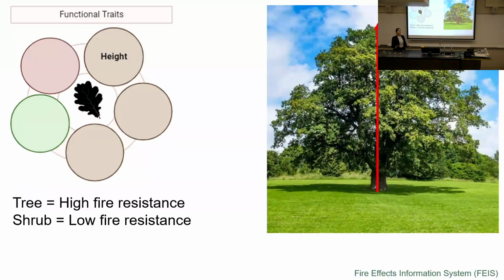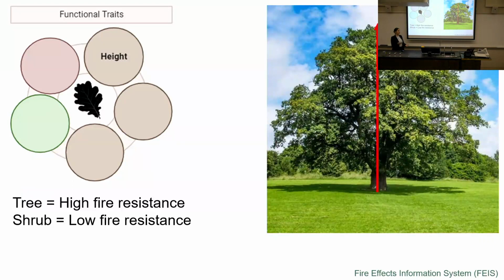So I just briefly want to go over these 7 traits and how they relate to fire resistance. The first one being the oak mature plant height, which we hope to fill in some of those gaps with data collection out in the field, but also using the Fire Effects Information System. So mature plant height, pretty self-explanatory.